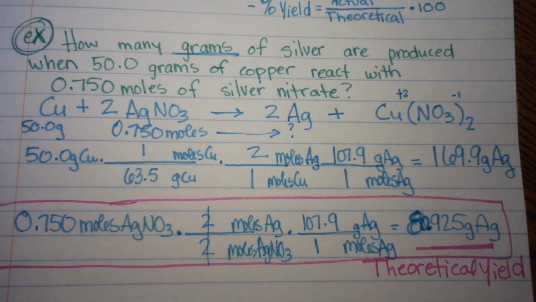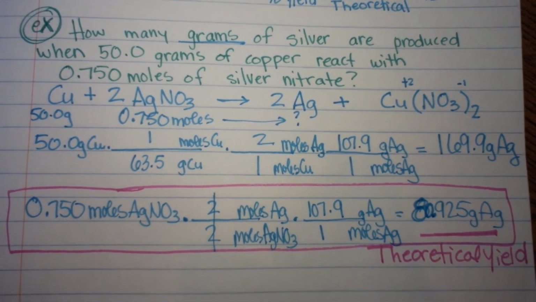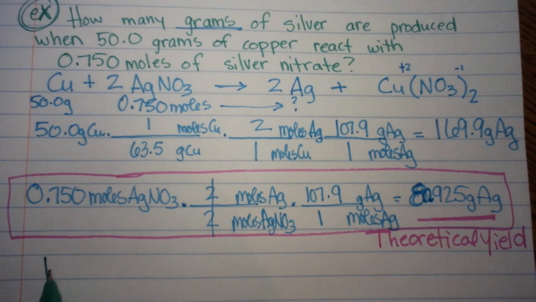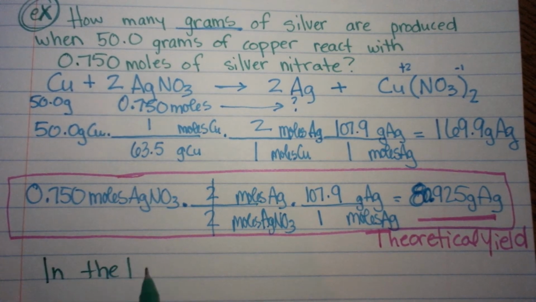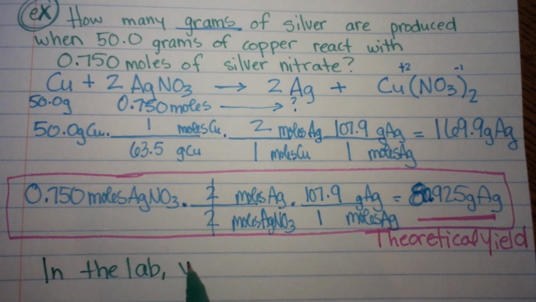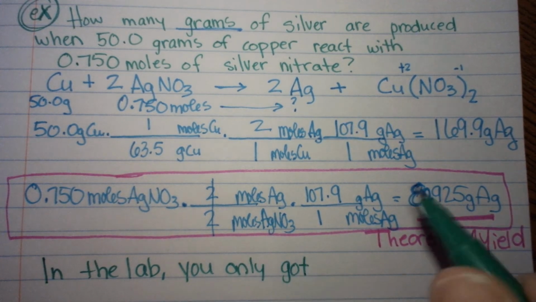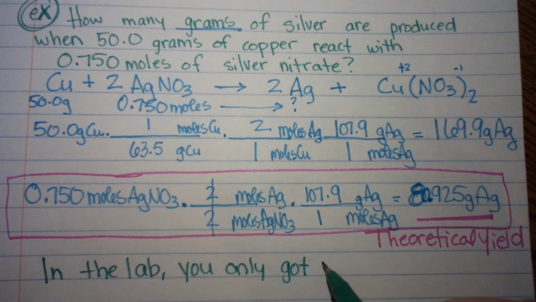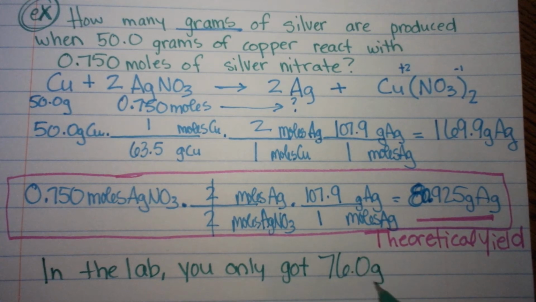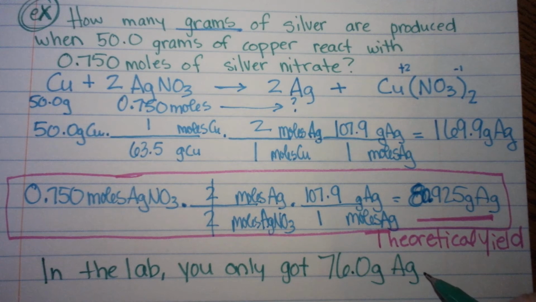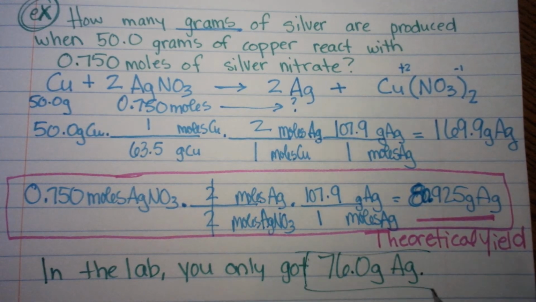Now, what happens if we do this in the laboratory and you only get, so we'll say in the lab, you only got 76.0 grams of silver. That is your actual yield.